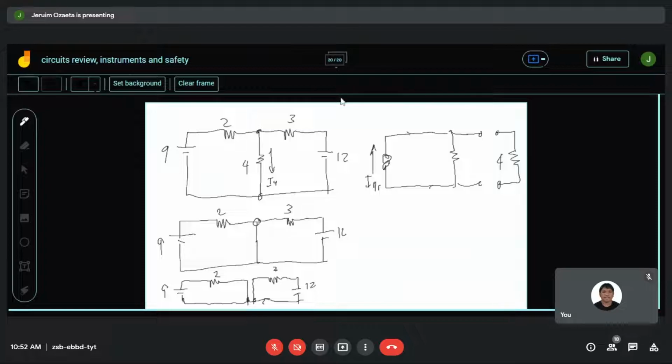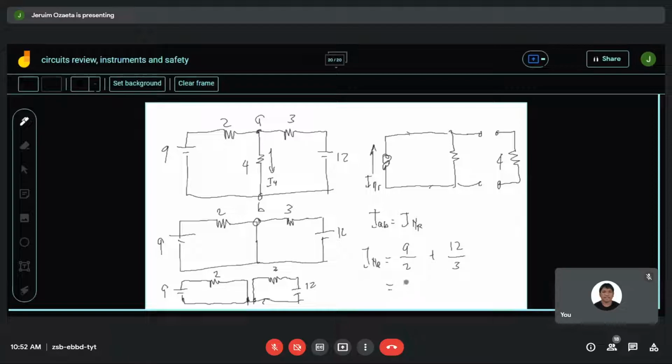So, here is now, you have the current at the short circuited terminal, called this AB. The current at AB, which is the current at Norton actually. The current at the Norton equivalent will be 9 volts over 2 plus 12 volts over 3.